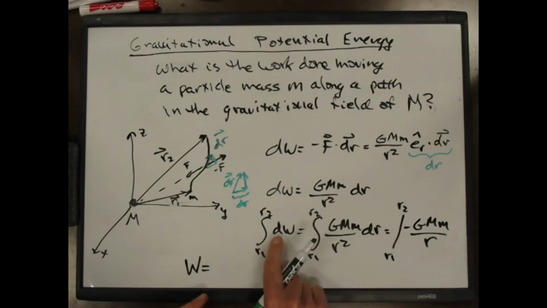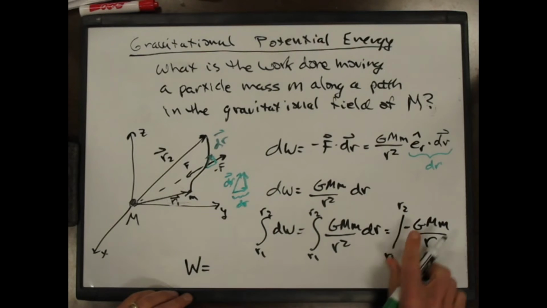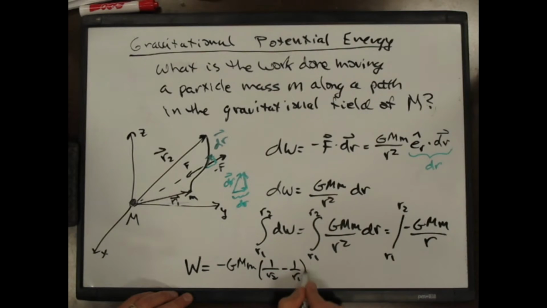And so if I call the integral of this just W, it's the work done going from 1 to 2. You just evaluate this at 2 and 1. And so it's minus GMm times 1 over r2 minus 1 over r1.